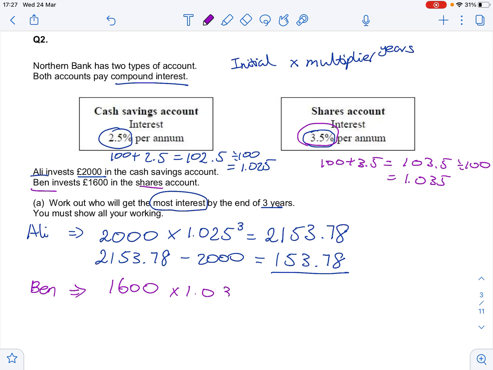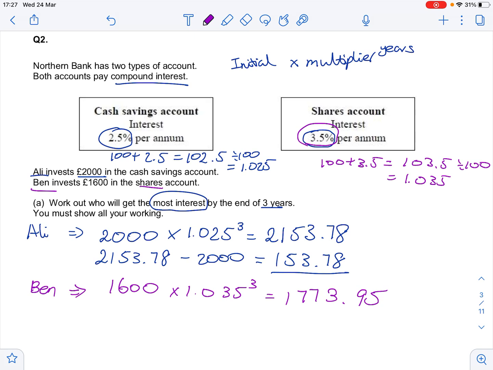Multiplied by 1.035 to the power of 3. So at the end of 3 years, in Ben's account, he will have 1,073.95 in his bank account.